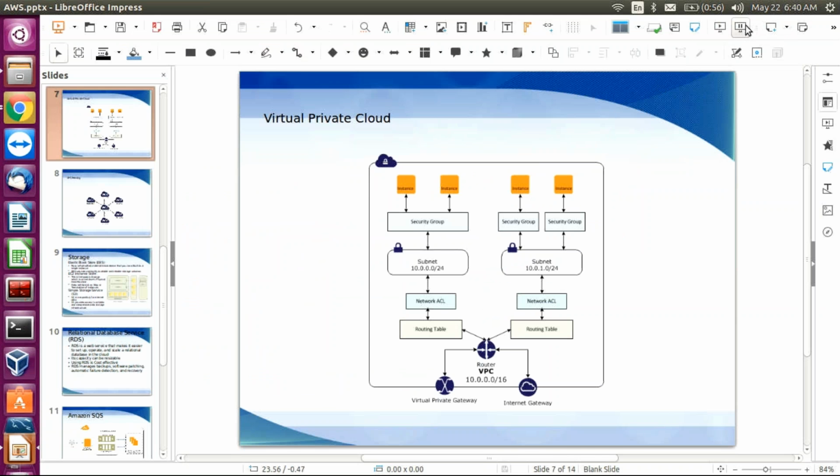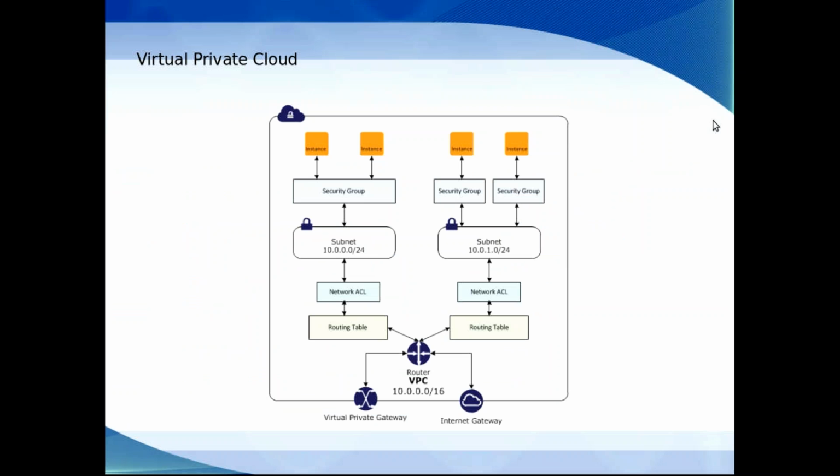And you can create an internet gateway and attach it to the VPC so that it will communicate with the internet, and it will give you much better security control over the AWS resources, and instance security groups as well.